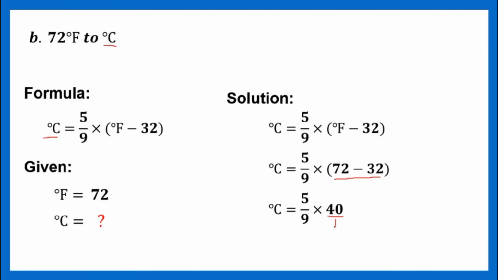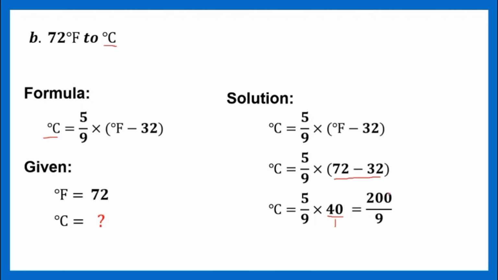So, no need to divide this by 1 kasi wala siyang magiging sense. Ayan. So, ito ang mangyayari dyan: 5 over 9 times 40 over 1. So, numerator by numerator again, and denominator by denominator. So, 5 times 40, that's 200. 9 times 1, that is 9.